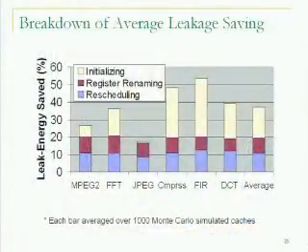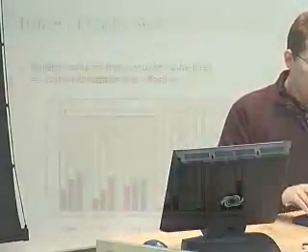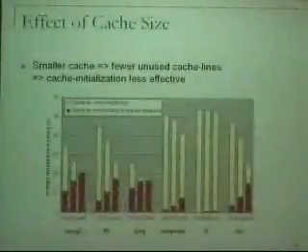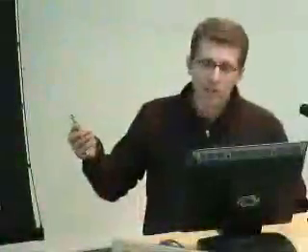So the breakdown of leakage savings achievable here is around 10% with technique 1, another 10% with technique 2, and the rest comes from cache initialization. The effect of cache size was studied. As you decrease the size of the cache, the amount of unused parts of the cache is reduced.